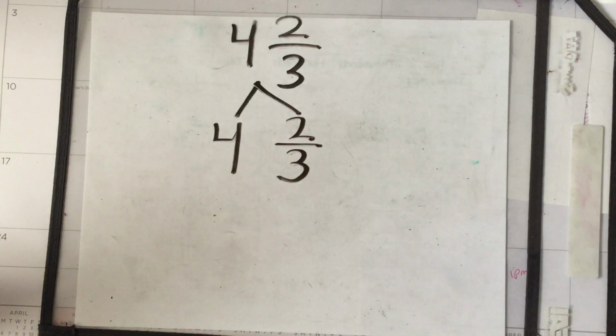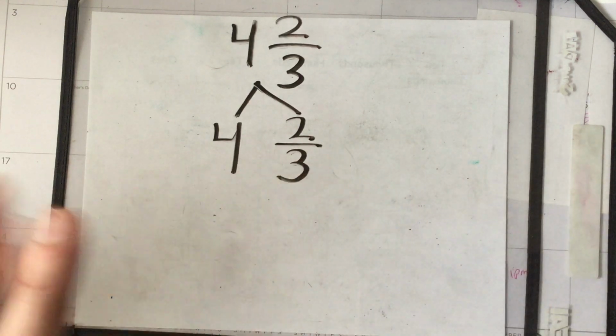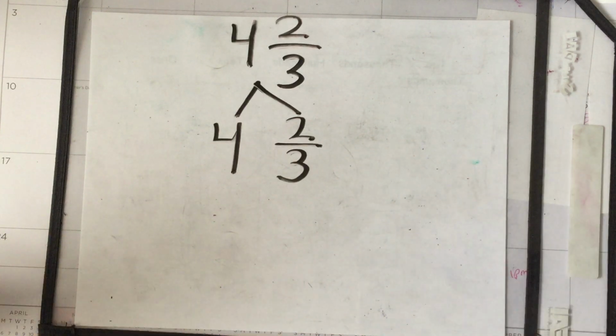Now I have to think to myself, how many thirds are in the whole number 4? Well, to get there, I need to know how many thirds are in the whole number 1. So let's see. One whole thing has 3 thirds. 1/3, 2/3, 3/3. 3 thirds equals 1 whole.